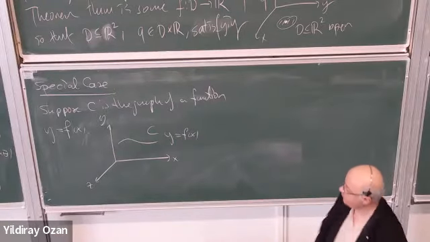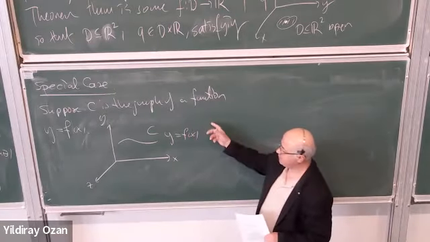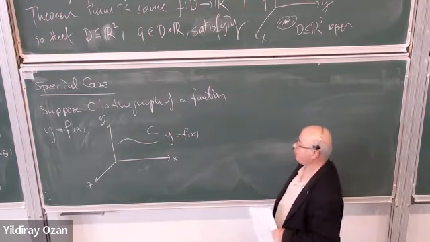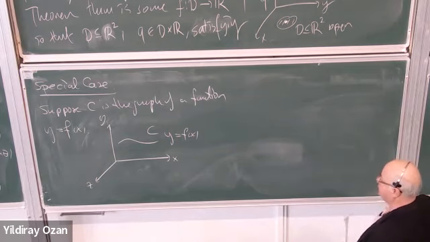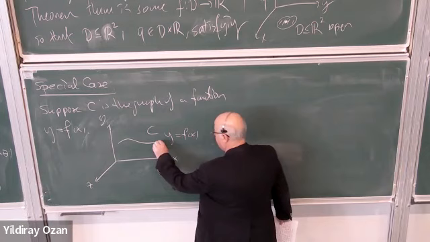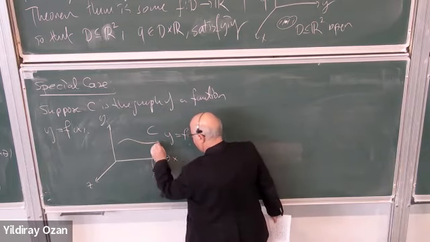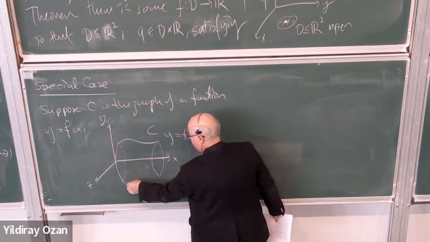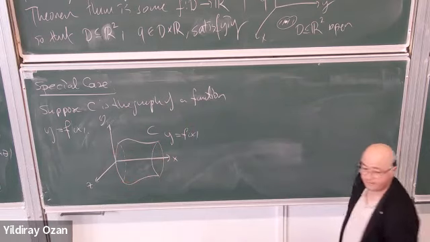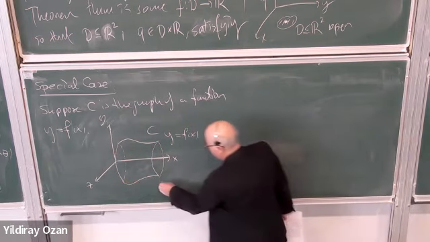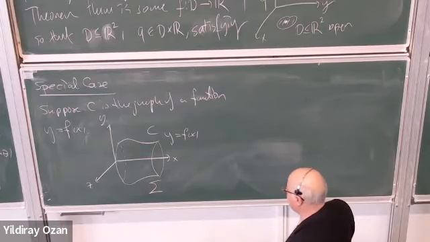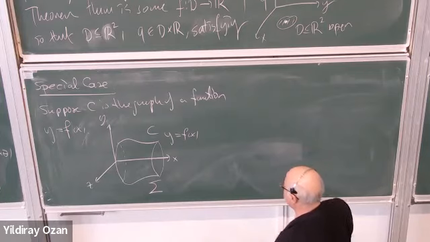So let's see this special case. C is the graph of a function, let's say of f of x, and then I just rotate this, right? So we get something like this. So this will be my surface, sigma. And what will be the parameterization? What are the variables?